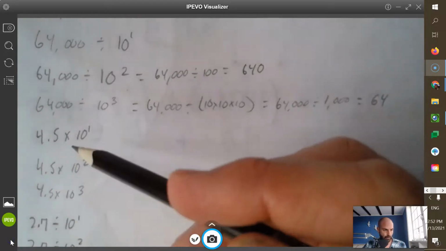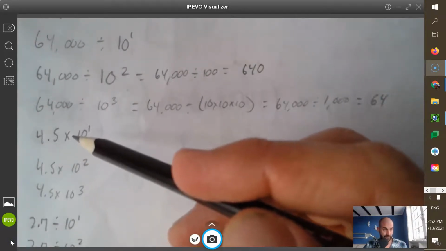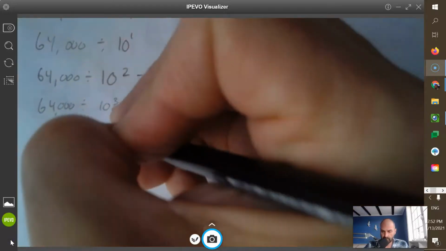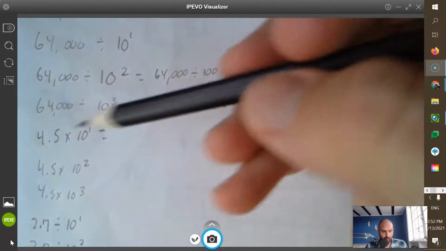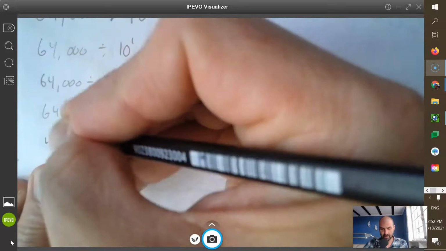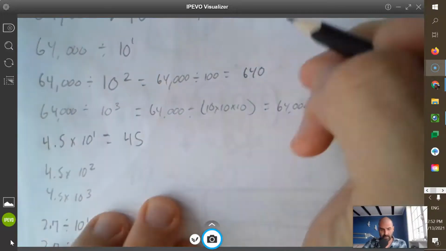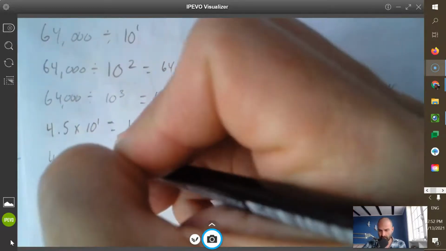All right, so now 4 and 5/10 times 10. Let's see what happens with the decimal. All right, so 10 to the first is just 10. So what happens? We're not really going to see zeros here. This is why I don't like when we start talking about zeros, because these digits are shifting one spot to the left. So 4 and 5/10 times 10 equals 45.